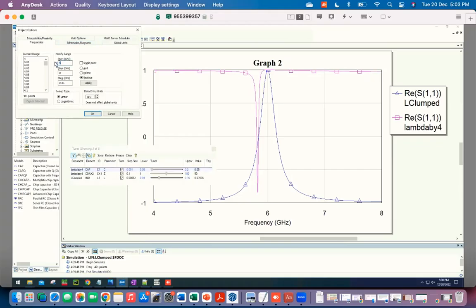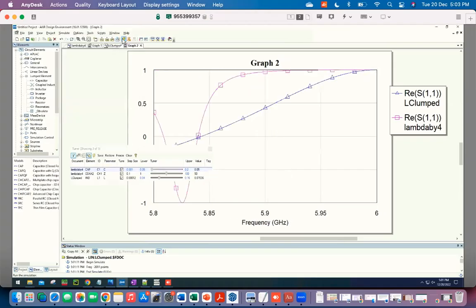We're almost close. Now it's starting to look nice and symmetric.